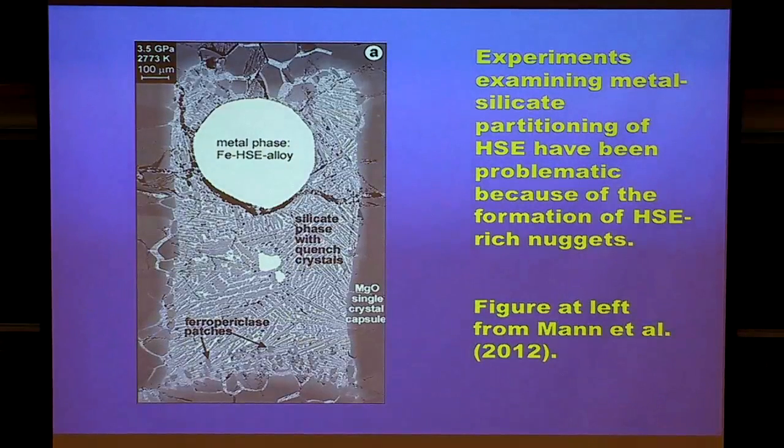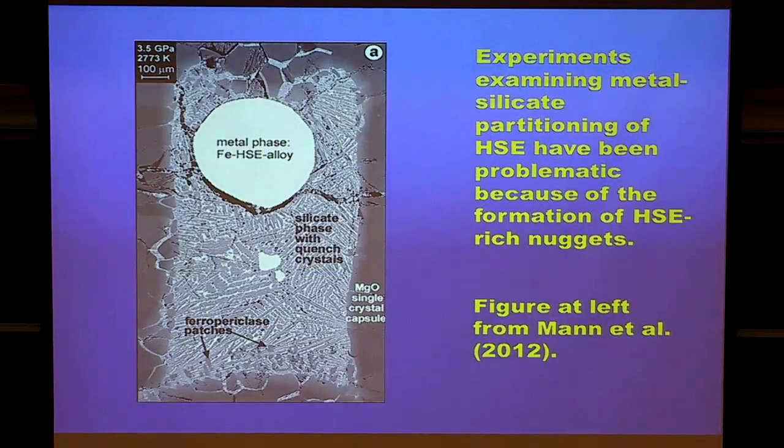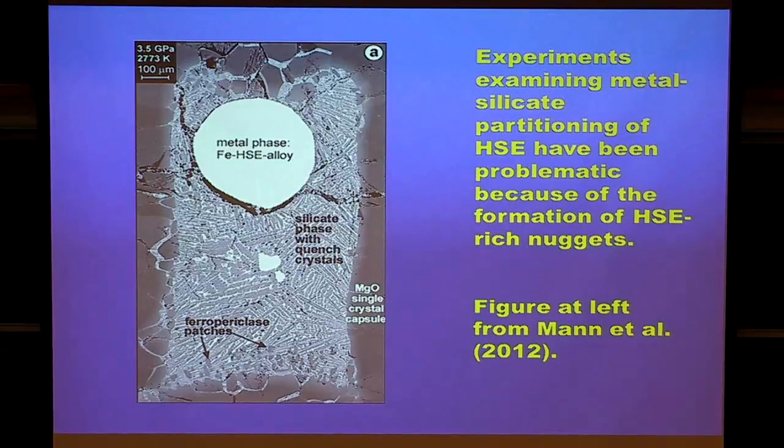This is what an experiment looks like when you complete it and you open it and look at it. And we have one of the experts on this subject, Liz Cottrell, right here.